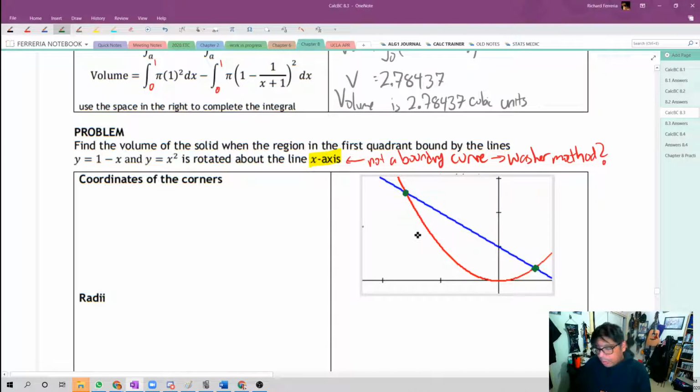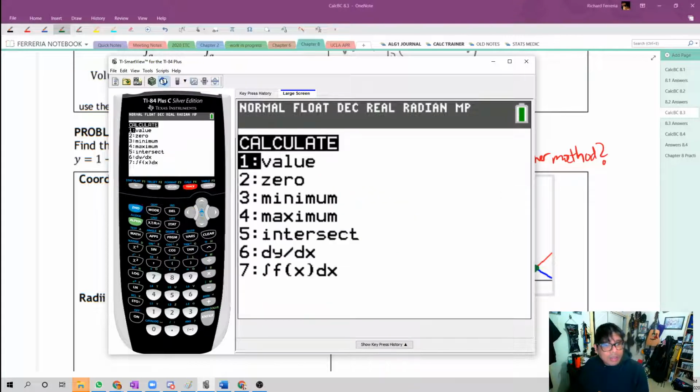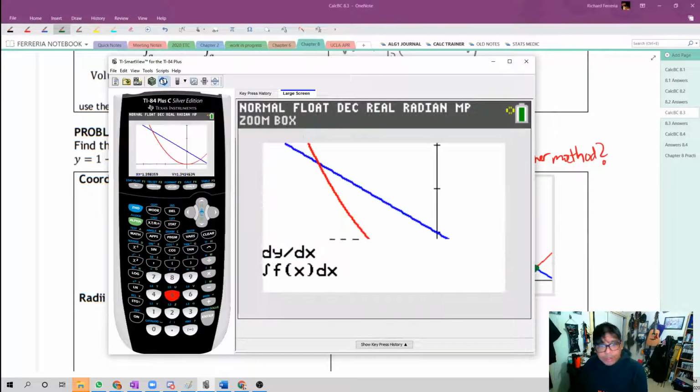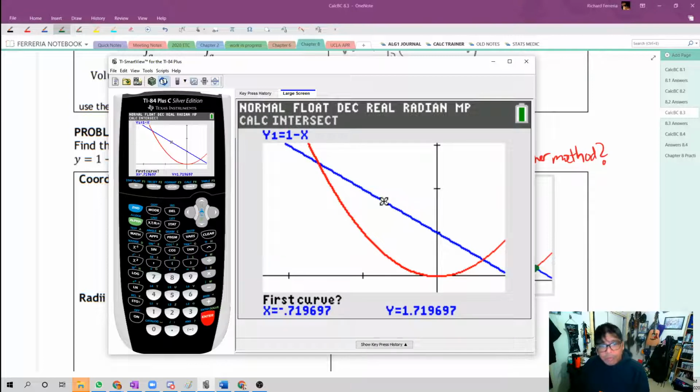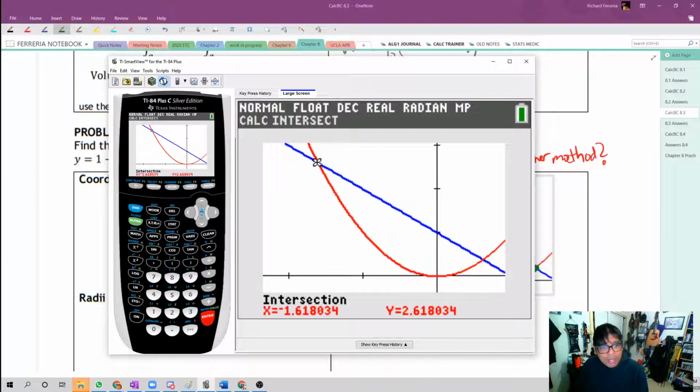So let's go over to our calculator and we'll go ahead and second calculate intersection. Let's see, curve 1 at curve 2, and let's take a guess. That looks like it's close to negative 1.7. So let's say negative 1.7 as our guess, and 1.618.